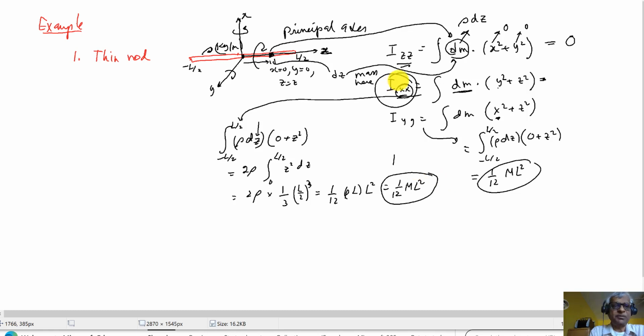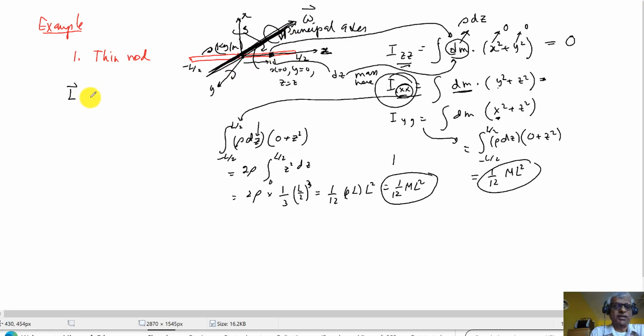So if I want the moment of inertia about any direction, if I took the rod and rotated about this axis, I'll have an omega, and I can break it into x, y, and z directions.